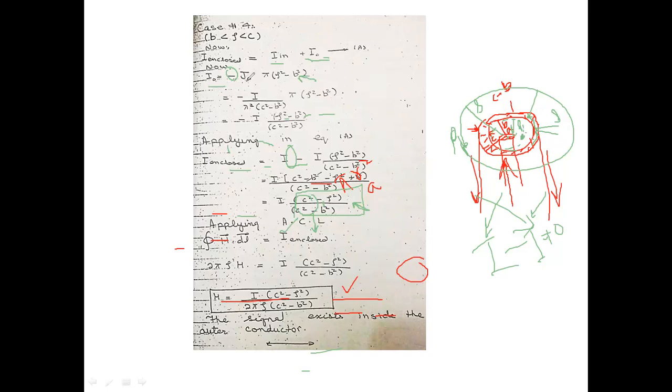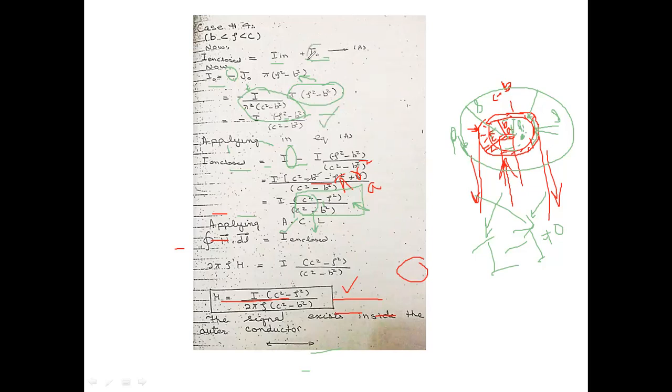So by this way, putting the values for J naught, this is the value for J naught we have already found in the previous slide, I over the area of the outer conductor, pi times C square minus B square, and this is the area for the closed path of the point of observation. So pi will be cancelled out with pi, and you will get this. This is the I naught.